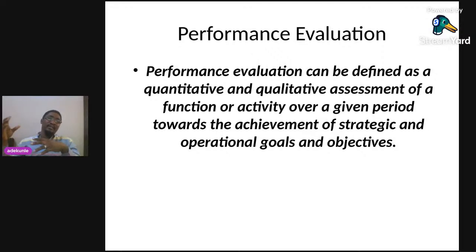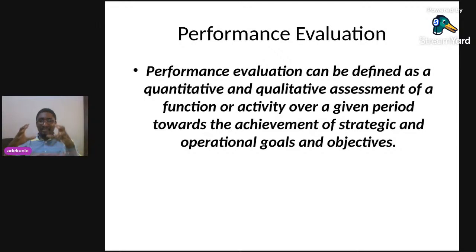What we are saying is that performance evaluation uses both quantitative, what is known and written, and qualitative measures, like numbers on a scale of 1 to 10 for how you see we have performed, to assess a function, whether your distribution, your inventory, your warehouse, your accounting, or your selling function.